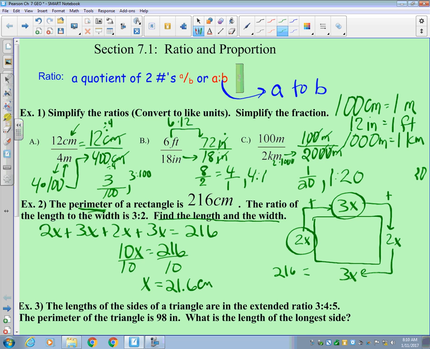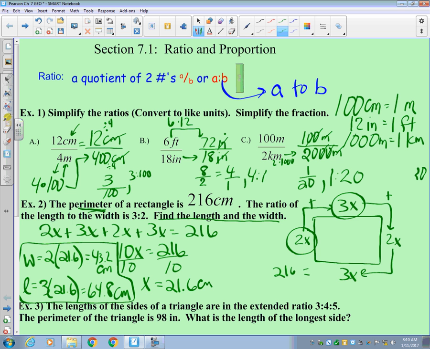So the width is going to be 2 times 21.6, and the length is going to be 3 times 21.6. We do the math on that, and we get that the width is 43.2 centimeters, and the length is 64.8 centimeters. So this is the final answer.